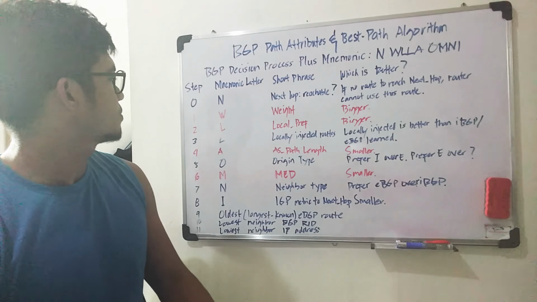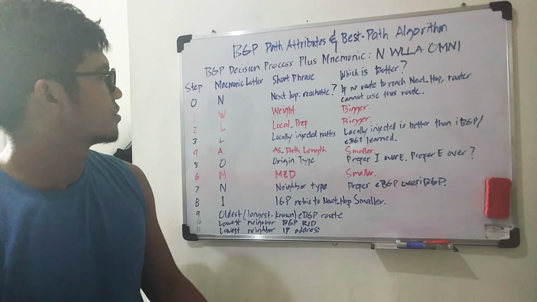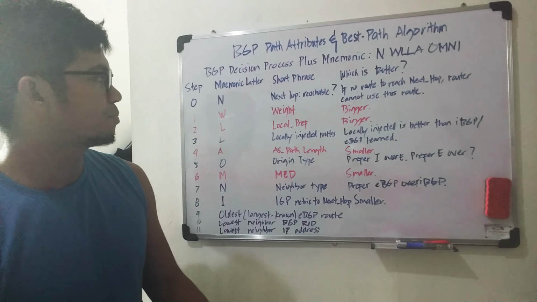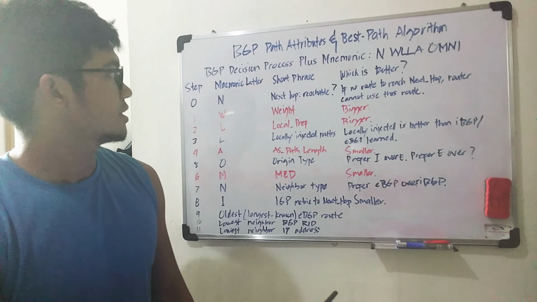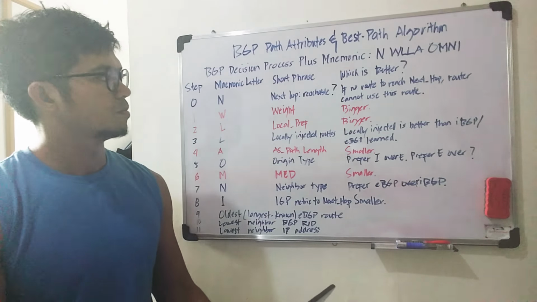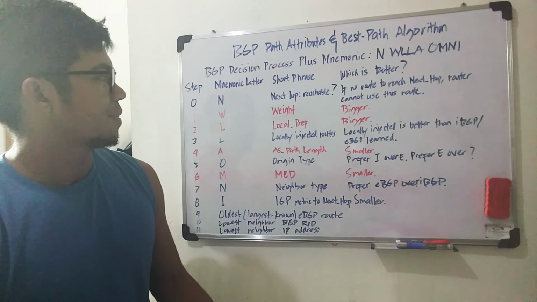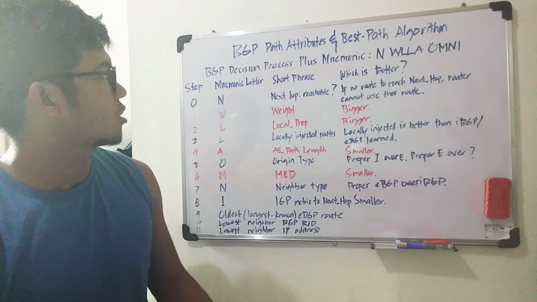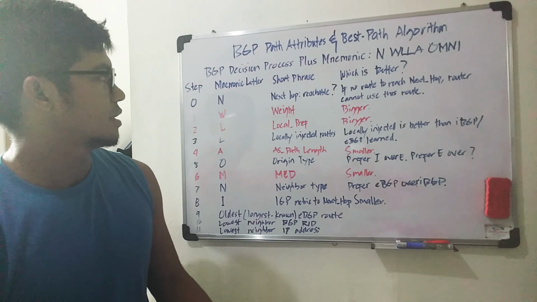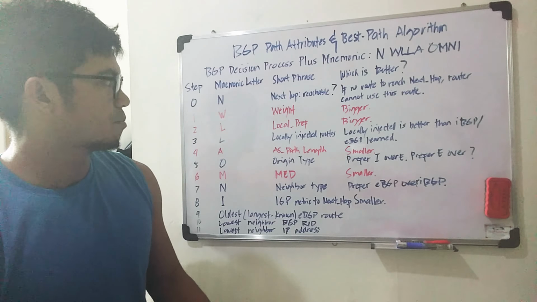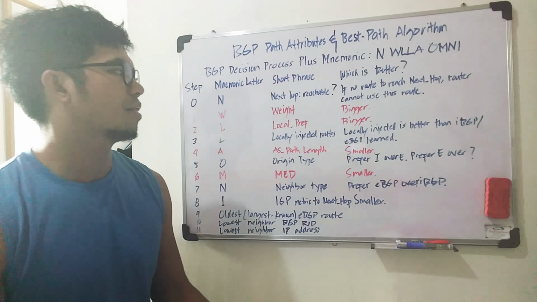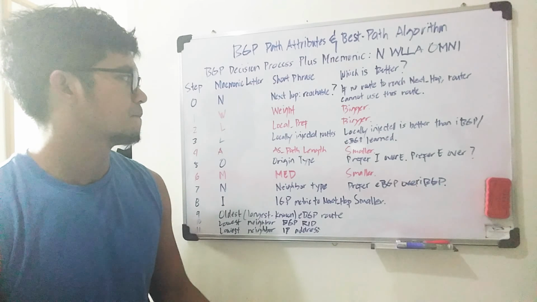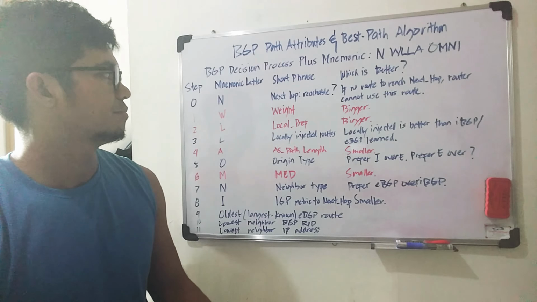And step two is local pref, or local preference. This is a genuine BGP PA, and BGP is gonna prefer the path with bigger local preference.